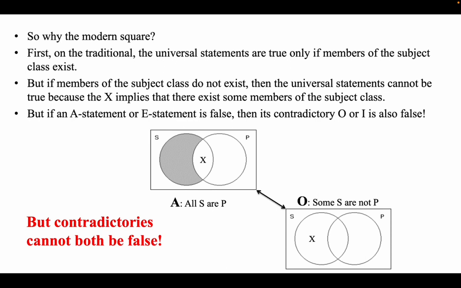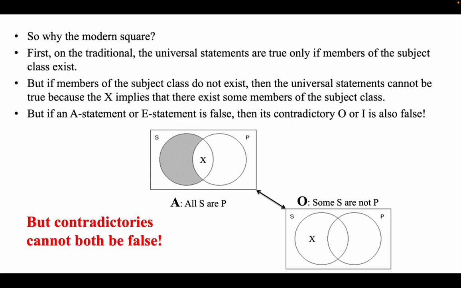But if an A statement or an E statement is false, then its contradictory, O or I, is also false.